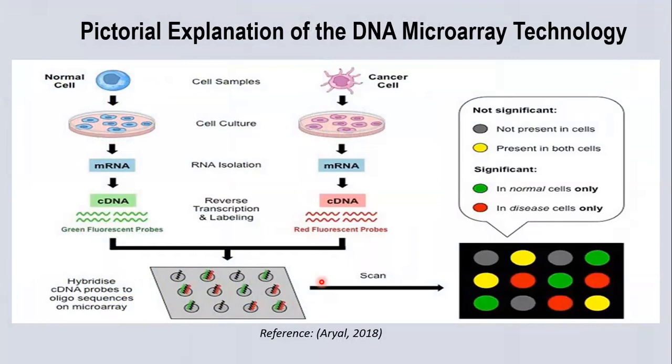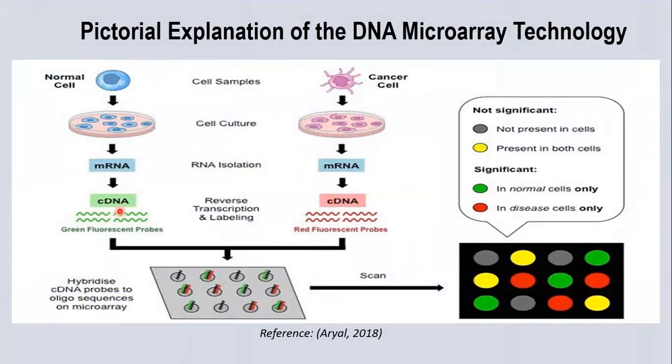Here comes the pictorial depiction of the DNA microarray technology. In this slide, you can clearly see two groups. One is from the normal cell side, while the other is from the cancerous cell side. In normal cells and cancerous cells, we first have to culture these cells to create mRNA transcripts, from which complementary DNA is formed.